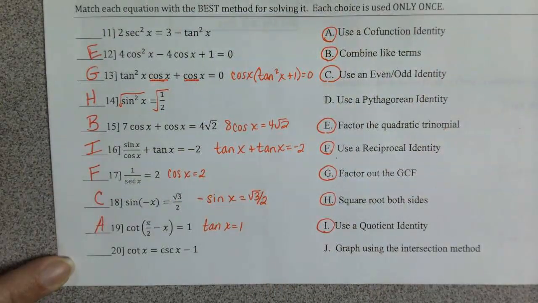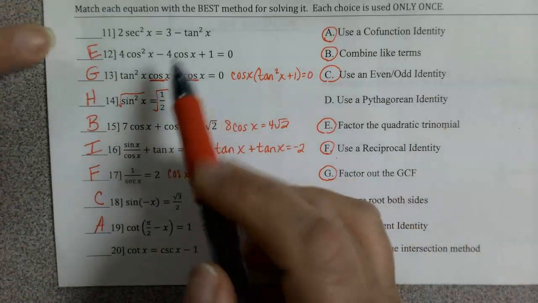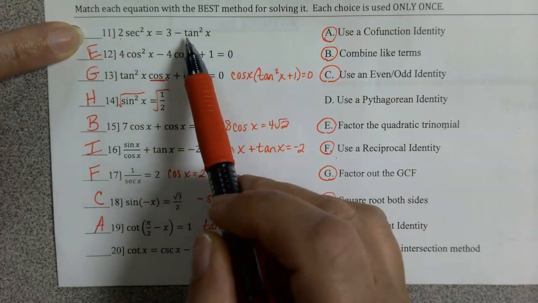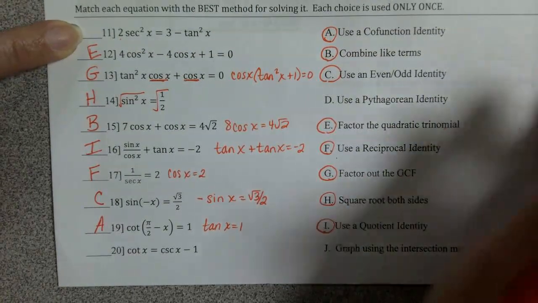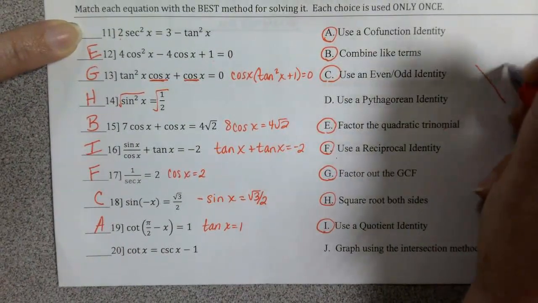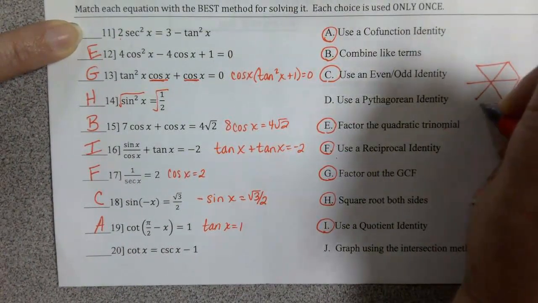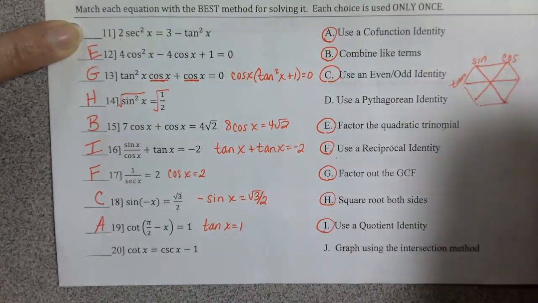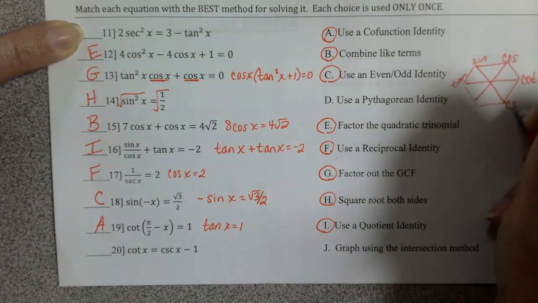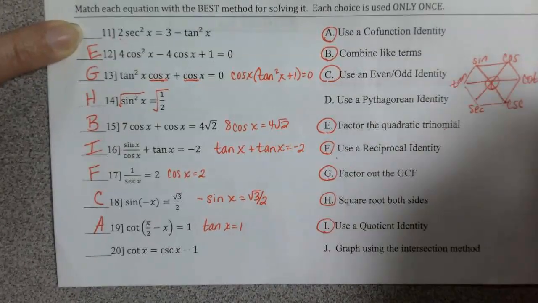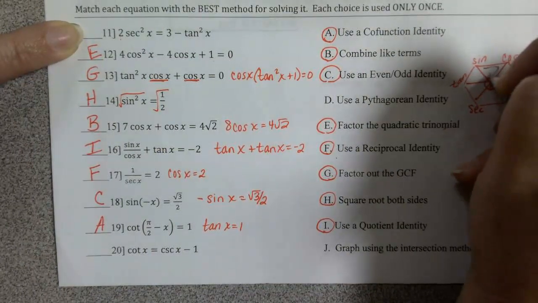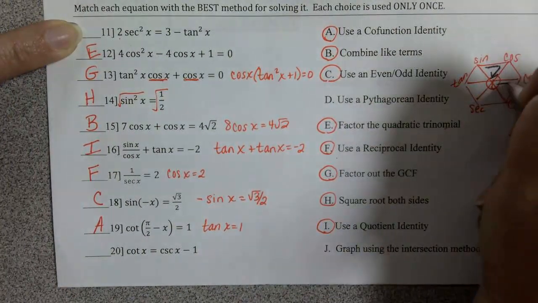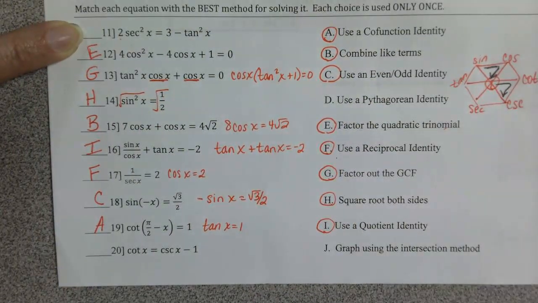Okay, then if we look back up at example number 11, secant squared x, and on the other side we have a tangent squared x. If you remember on the trig hexagon, our flat-topped triangles are the Pythagorean identities. So we have sine squared plus cosine squared equals 1. That's a Pythagorean identity. 1 plus cotangent squared equals cosecant squared.